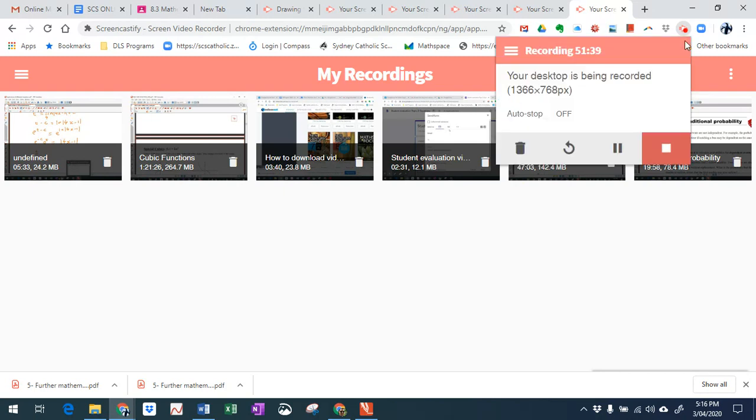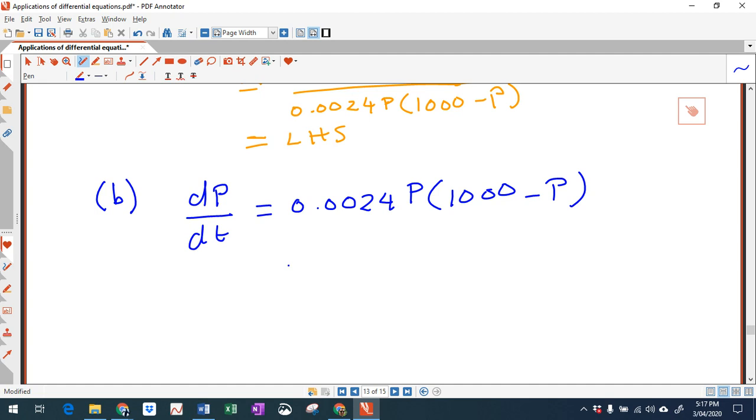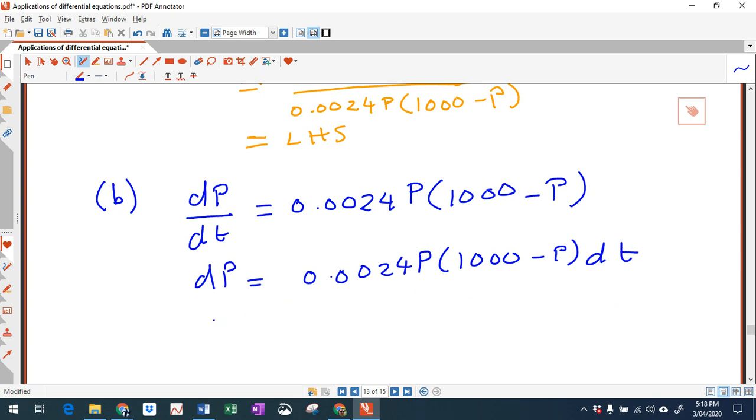Okay, so coming back to separation of variables, we'll multiply through: dP equals 0.0024P(1000 − P) dt, and then dividing through, we're going to get dP, think of this as 1 dP, over 0.0024P(1000 − P), and that is equal to dt.